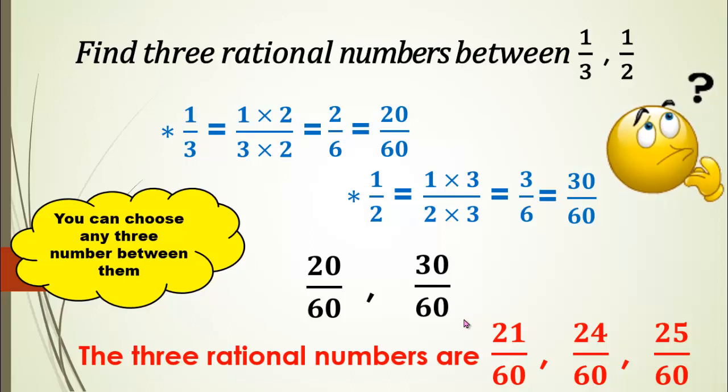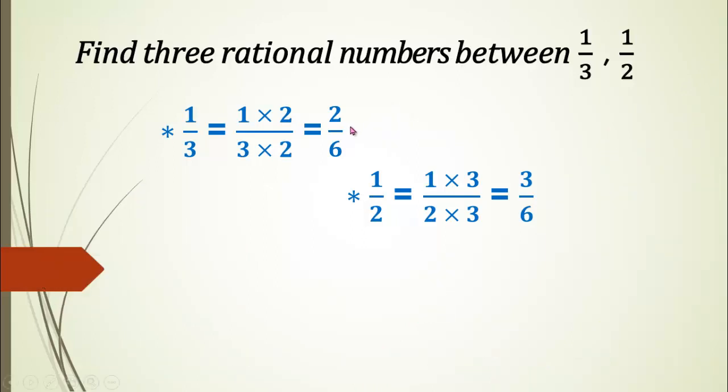Or can I have other rational numbers equal to 1/3 and a half to be able to find the three rational numbers between them? Let's go and see. I have here 2 over 6 for 1/3 and 3 over 6 for a half. We can simply multiply the numerator and the denominator by 5 to get a new rational number, which is 10 over 30 for 1/3.